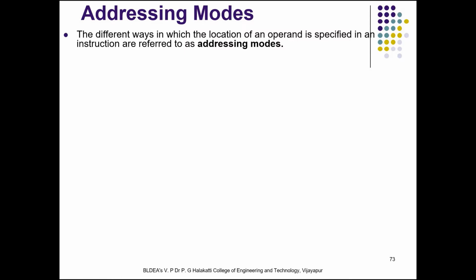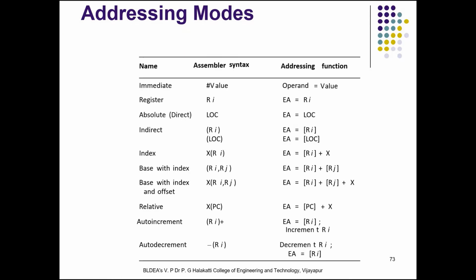So let's have a look at some of the addressing modes. I have listed a few here. We have immediate, register addressing mode, absolute or direct, indirect addressing mode, indexed addressing mode, base index addressing mode, base with index and offset, relative, auto increment, and auto decrement.